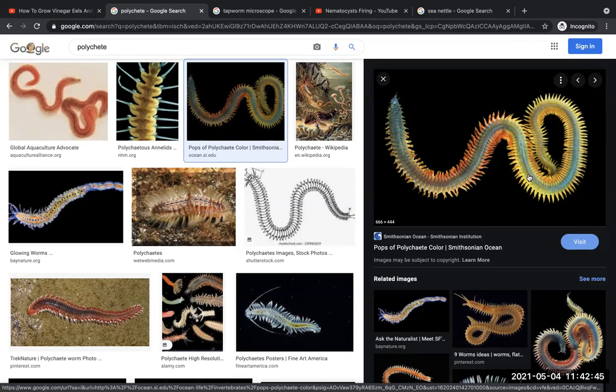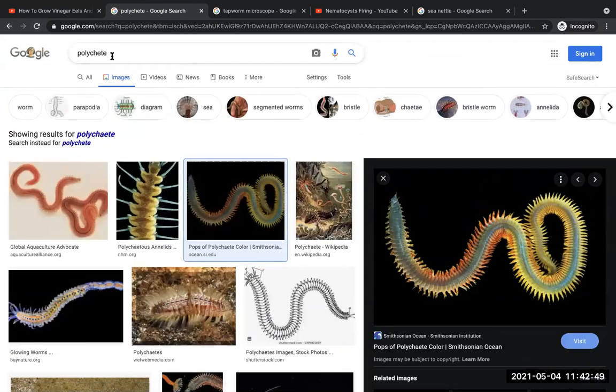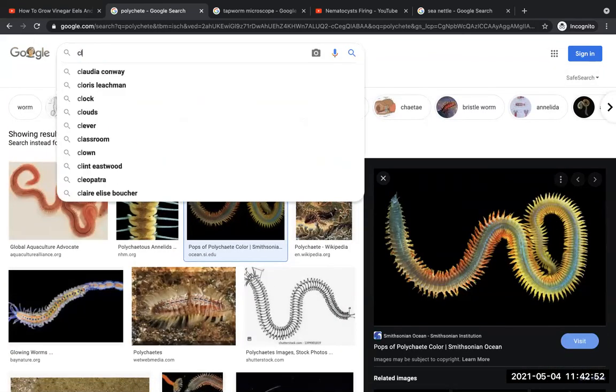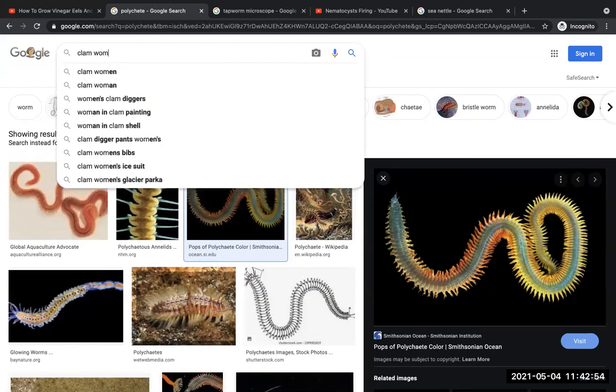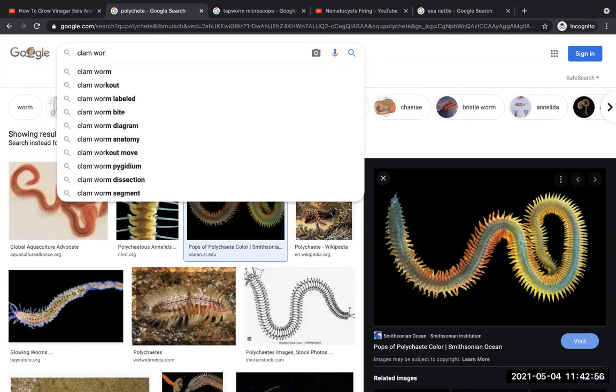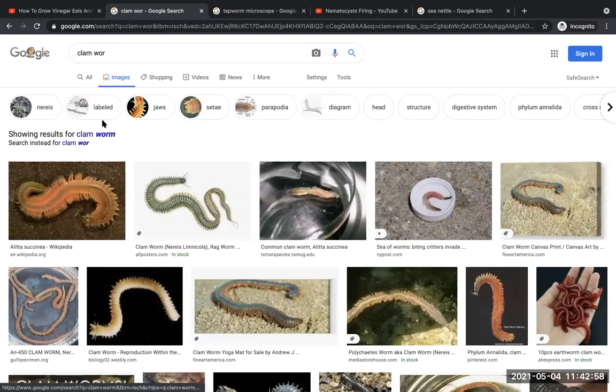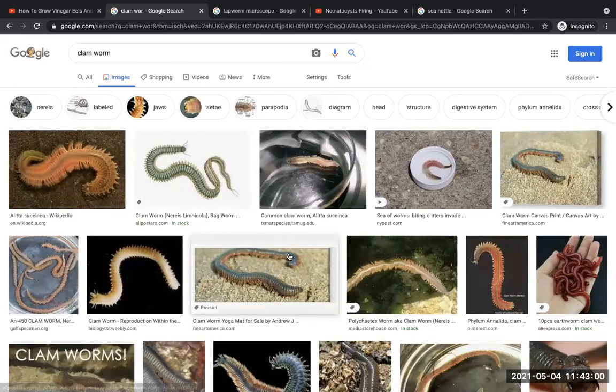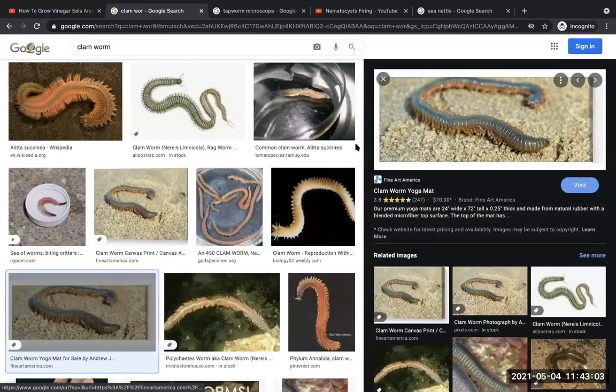So this is an example of a polychaete. Some other ones that are polychaetes, there's a clam worm that people use for fishing. So this one, people use this for fishing. This is the ocean's version of earthworm.